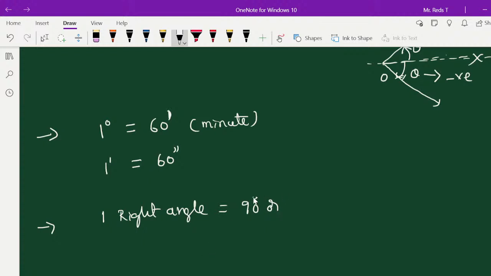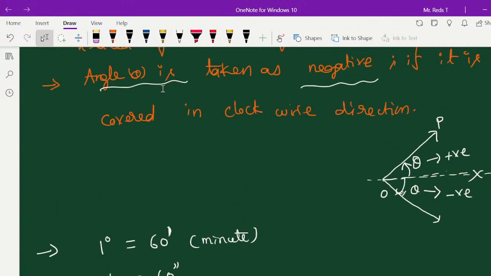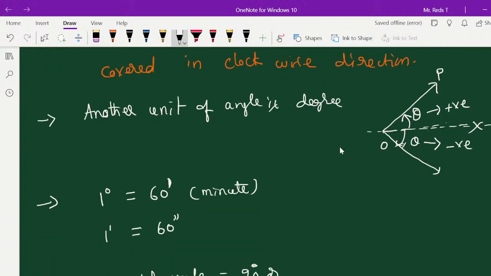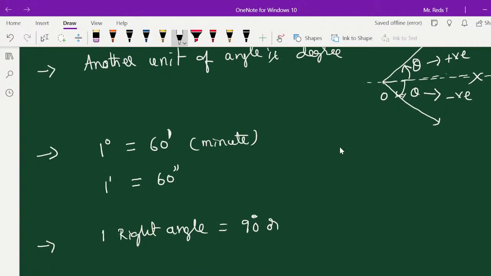We said the SI unit of angle is the radian, and another unit of angle is the degree. Note this down. Not degree Celsius, which is used for measuring temperature, simply degree.